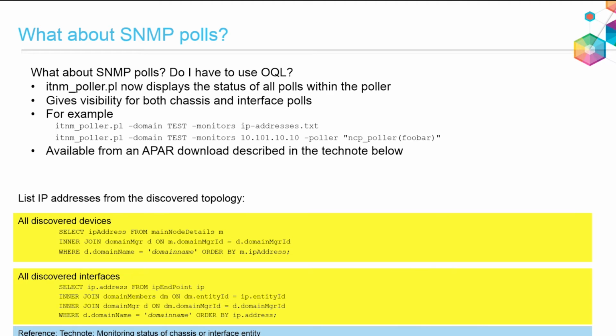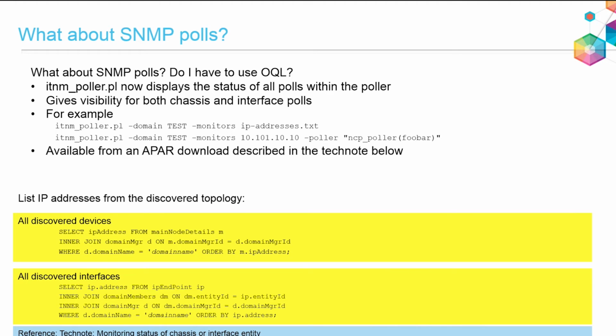There's a new capability here with the ITNM poller script, which can now display the status of all the polls, including the interface polls, which it didn't used to be able to do. And that is available from 3.9 Fixpack 4, interim fix 1, and also from 4.1.1 Fixpack 1, basically the latest versions. However, it does need an additional APAR, and the link in the tech note below will tell you how to get that APAR.